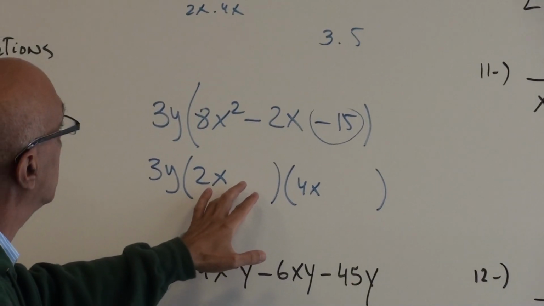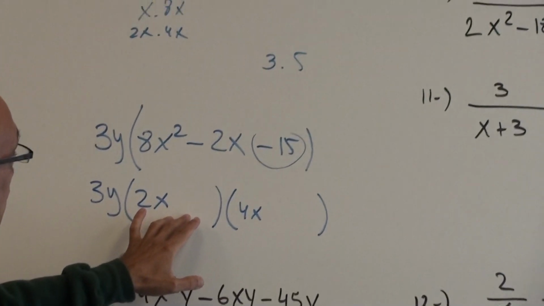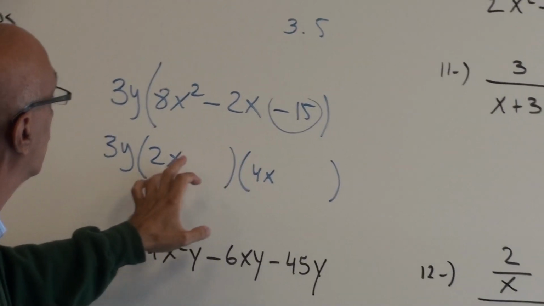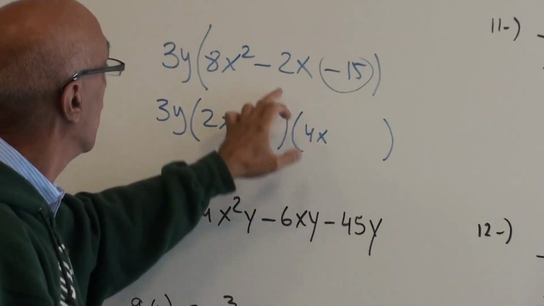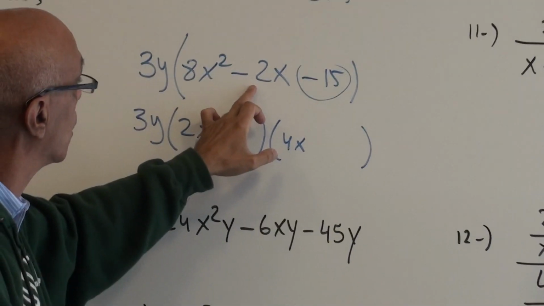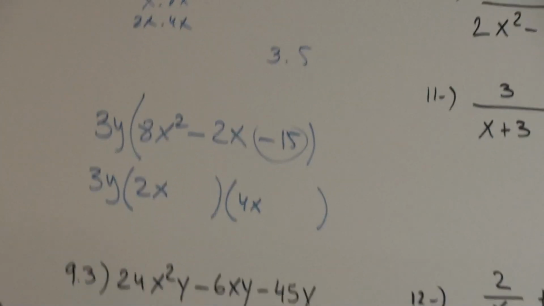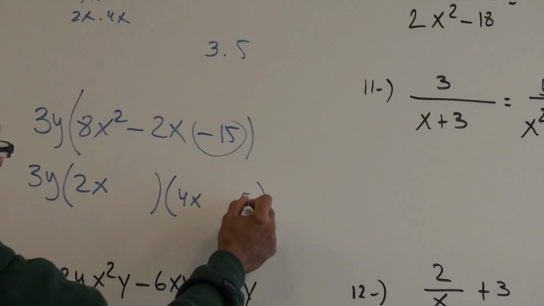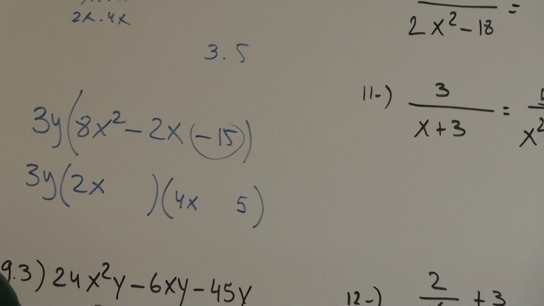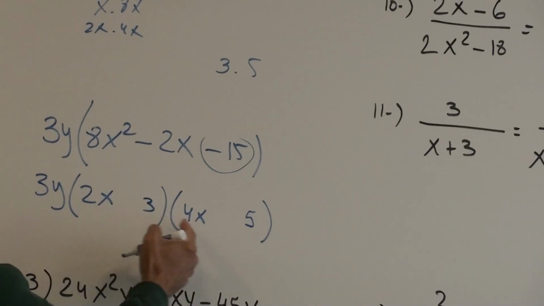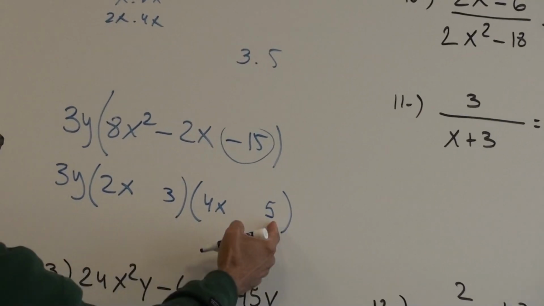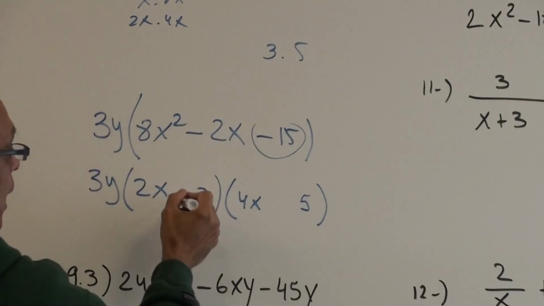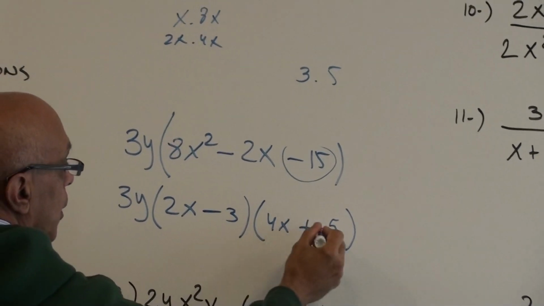Now I see, 3 times 4 is 12, 2 times 5 is 10, and I need a negative 2 here, so that looks like a good choice. So if I put 5 here, and if I put 3 here, 3 times 4 is going to be 12, and this is going to be 10. This one has to be the negative because I need a negative 2 and a positive there.